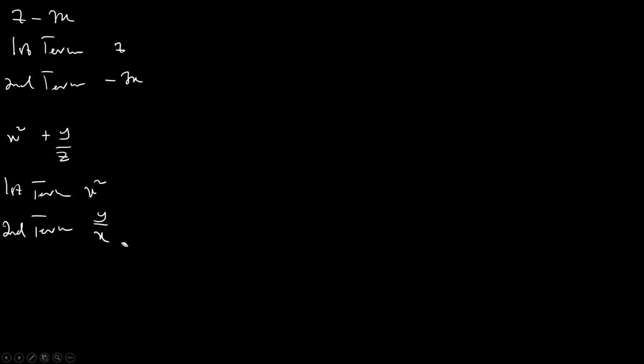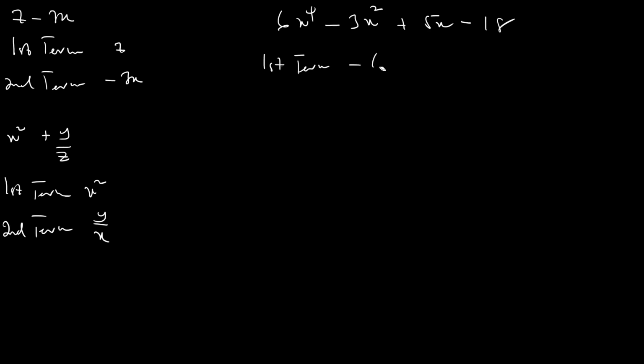Now with 6 times x to the power 4 minus 3x to the power 2 plus 5x minus 18, this one has a lot of terms. The first term is 6 times x to the power 4.